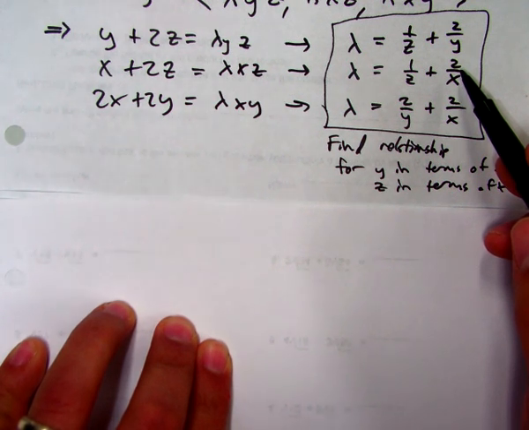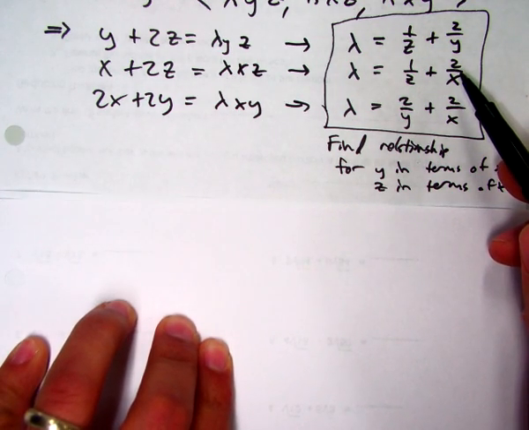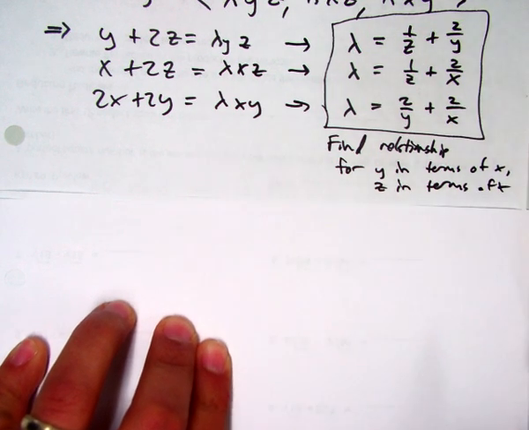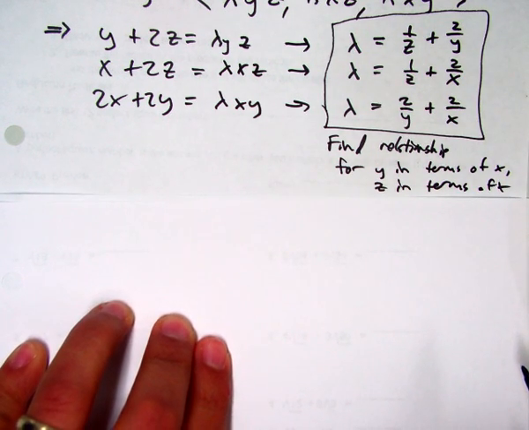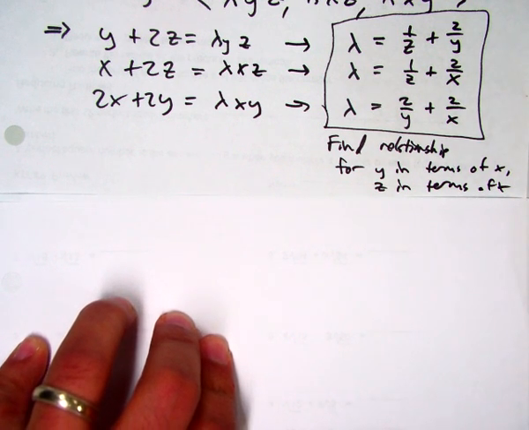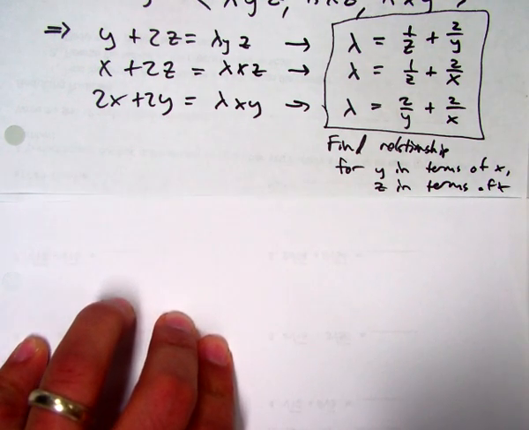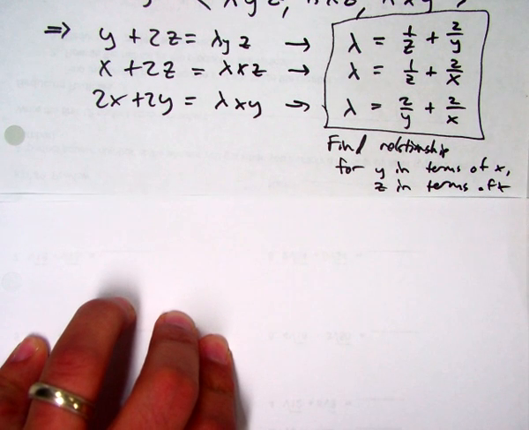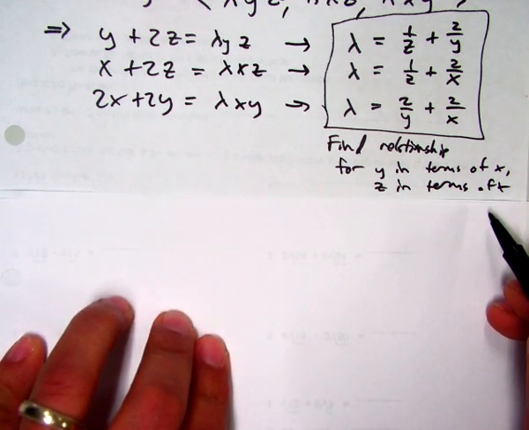Yes. But, okay, that's true. But if you decided to make z in terms of y, then you'd have to also make x in terms of y. And you can do that. It's going to be the same stuff. Just to keep things consistent, I'm going to try to get things in terms of x.